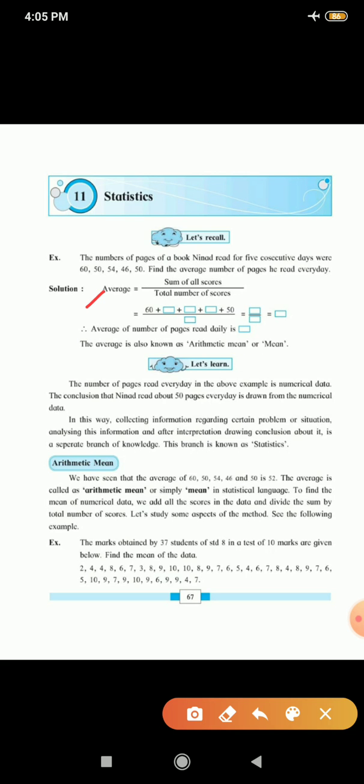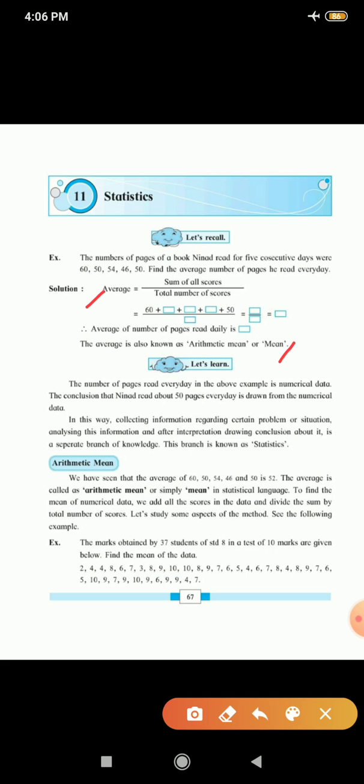Same way, the total number of working days, maybe it is 25, 30, 31, and your total attendance, divided by total number of days will give us the average attendance of the child. So average is also called as mean or arithmetic mean.